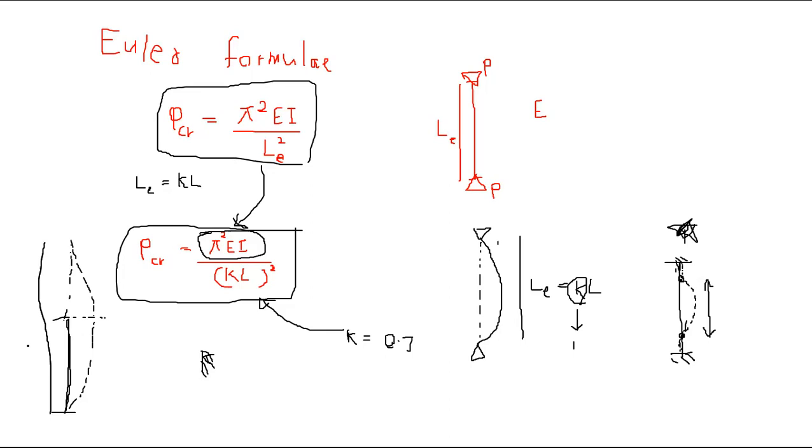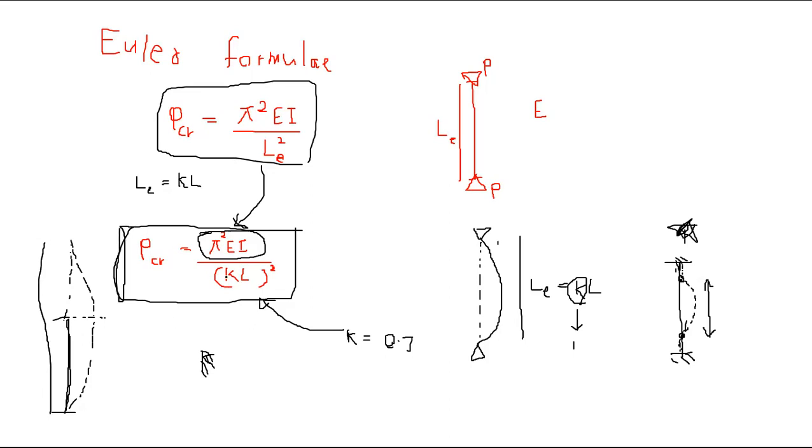If it is fixed, the K factor is given. If it is fixed pin, the K factor is given, even in the design codes. Let's say you are designing a concrete building. In the design guidelines, when the columns are checked, they ask you what is the K value, right? That depends on the end conditions and whether it is pinned or fixed. So depending on that, we idealize the K value and calculate the design for buckling.